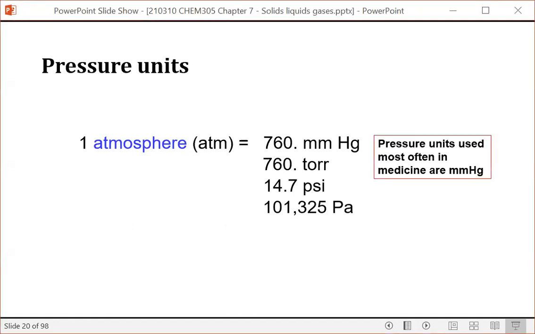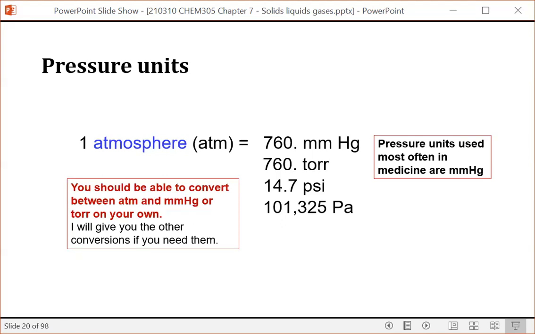The pressure units used most often in medicine are millimeters of mercury. So if you work in a clinic or will be working in a clinical setting, you may take blood pressure or other pressure readings in millimeters of mercury. For this class, you should be able to convert between atmospheres and millimeters of mercury, or torr, because they're the same conversion factor. They're both 760.